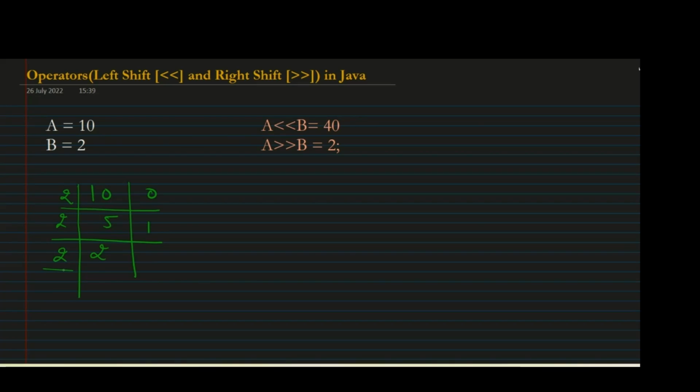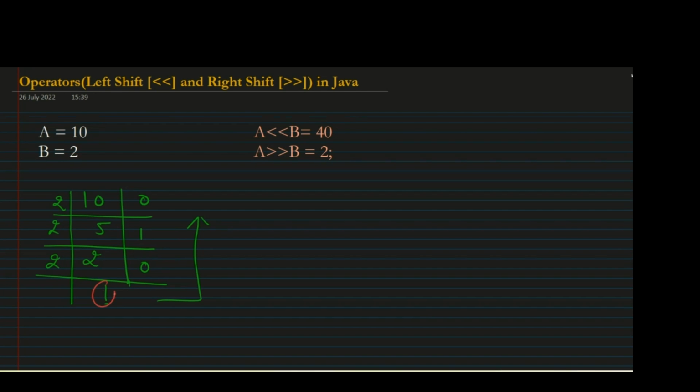Again, divide by 2. 2 ones are 2 and remainder is 0. So finally we have 1 over here. If you go from bottom to top, all these remainders give 1 0 1 0. So this is the binary conversion of 10.